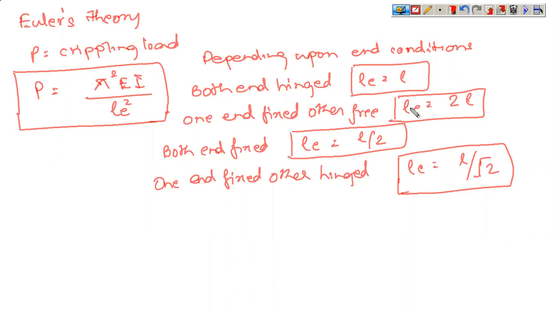And for one end fixed, other end hinged, it should be L by root 2. So Euler's theory is used to calculate the crippling load for a long column, only for a long column. Now, there are certain drawbacks in this Euler's equation, and that we will study in the next session.